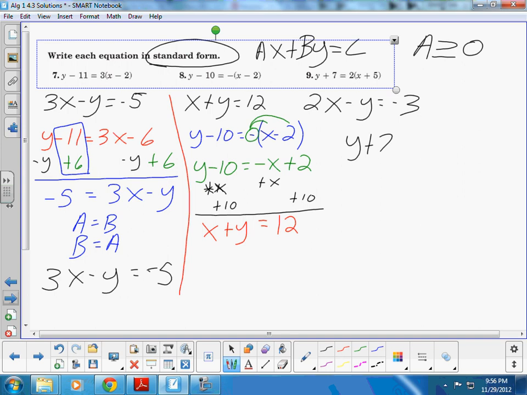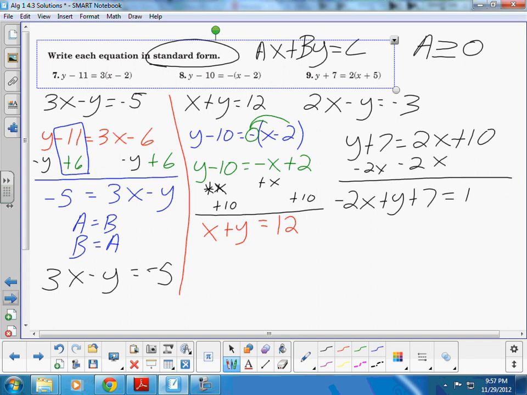Number 9, y plus 7 equals, doing the distributive property, 2x plus 10. I have the 2x on the right. The previous problem on number 7, I moved my variables to the left side, and then my constants to the right side. This time I'm going to do it so I have a negative a, so you can see what we need to do when we have a negative a. So I'm going to subtract 2x from both sides, and this one I'm going to break down a little bit more. So I have a negative 2x plus y plus 7 is equal to 10.